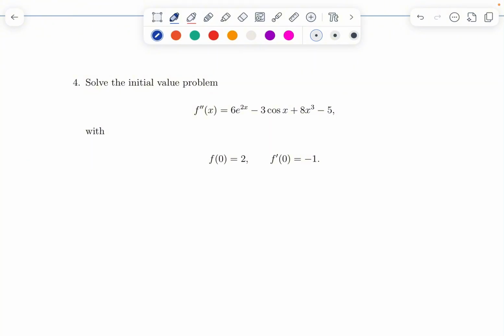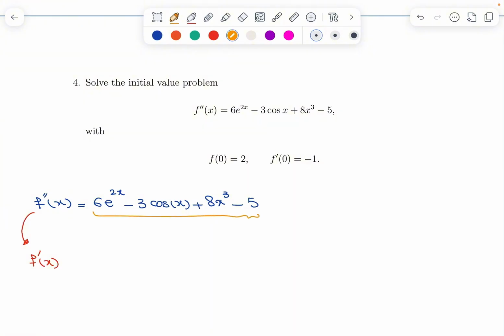So let's see. When f double prime of x is 6 e to 2x minus 3 cosine of x plus 8x cubed minus 5, to find f prime of x, you must take the integral, or antiderivative. The antiderivative of this function would be f prime of x.